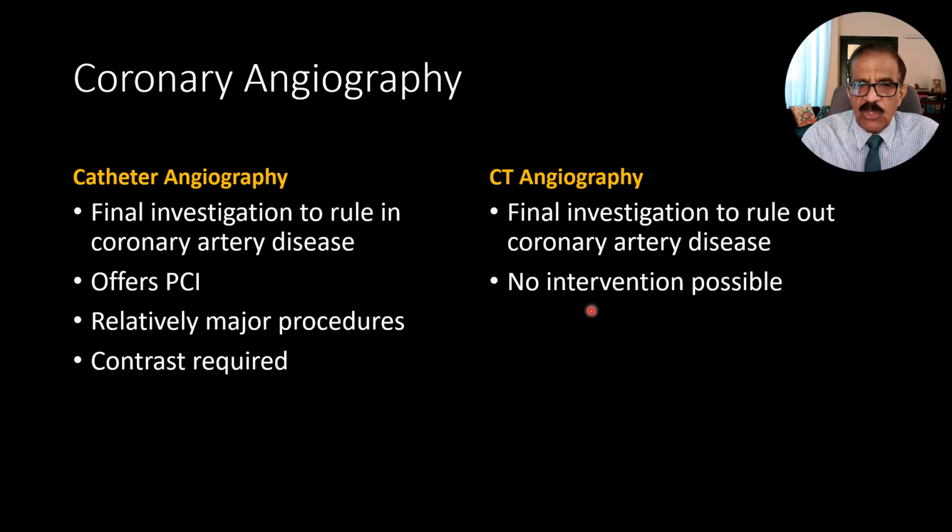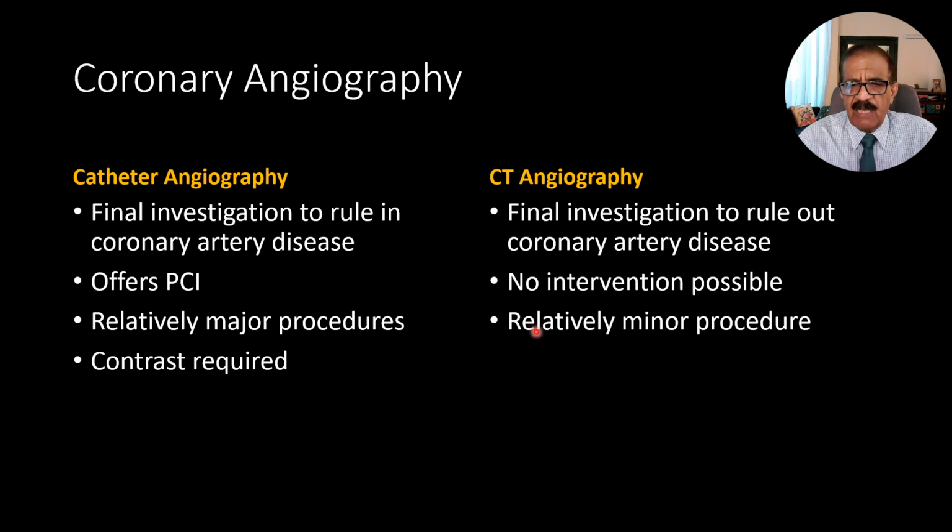Because in CT angiography, if you find coronary artery disease, there is no possibility of intervention. The patient will then have to undergo catheter angiography. And it is a relatively minor procedure. So minor that the patient can actually go to the facility, drive himself, have the procedure, and come back. There is no problem because no anesthesia is given.